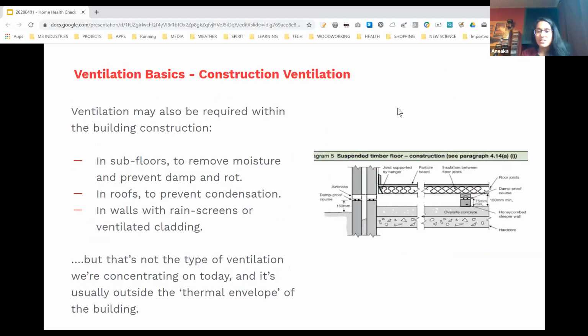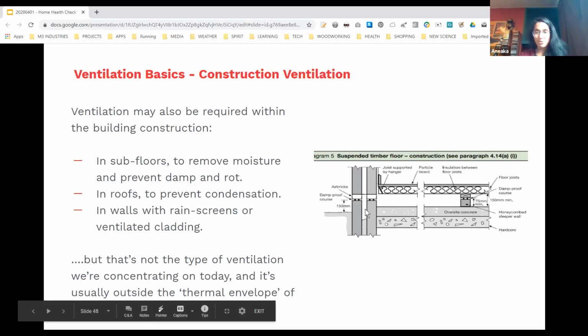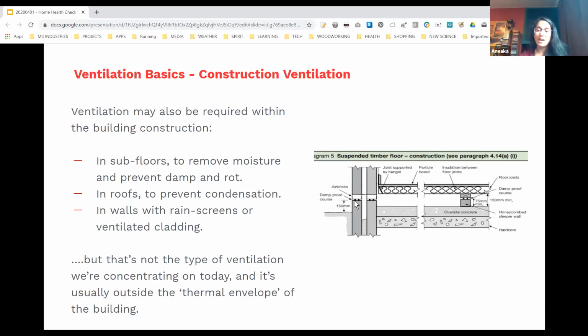But it's also important to realise that there's a difference between construction ventilation, in the constructed building elements of the house, and ventilation from within the lived part of the house. For example, if you've got suspended timber floors, you'll have an air brick, or we have ventilation gaps, as someone just mentioned, in the loft eaves.